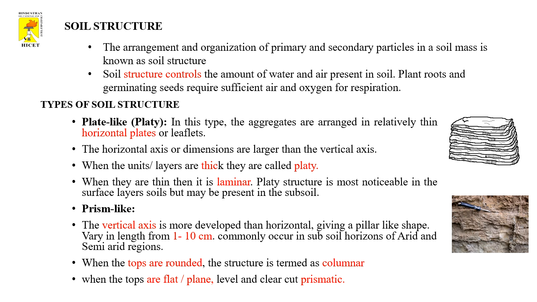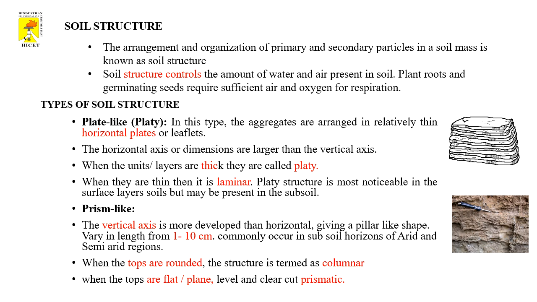The primary soil particles are sand, silt, and clay. The secondary particles are formed based on the primary soil particles. We can discuss in upcoming videos what the secondary and primary particles are.